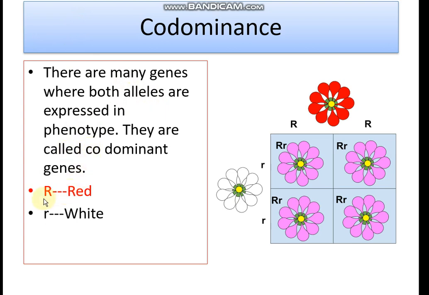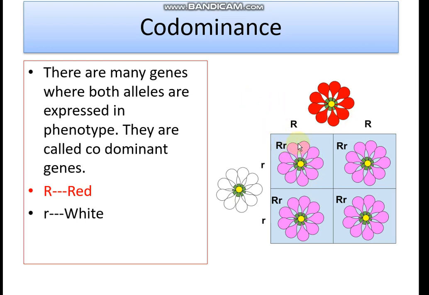Now this is a simple example. Look over here, there is one trait, red color flower, represented by a capital R, and there is another trait, small r, represented by white flower. Here you can see that the possible outcome is a heterozygous condition, having both alleles, red and white.